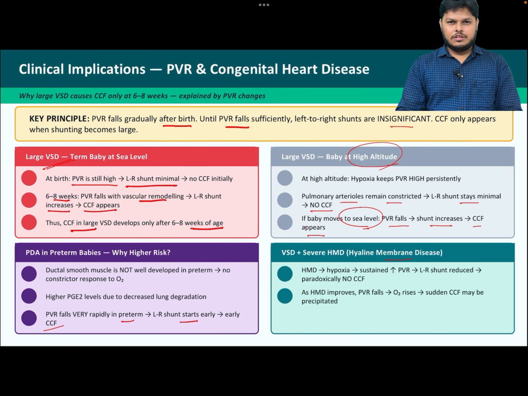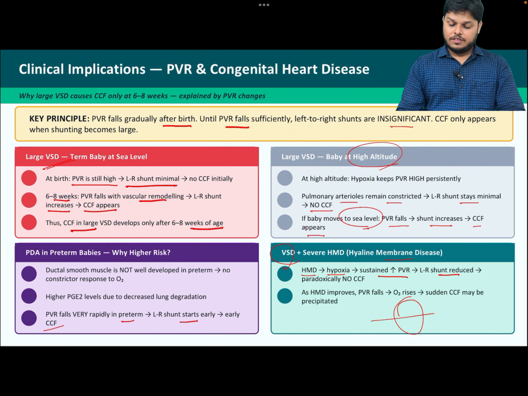Okay. Now there is hyaline membrane disease. Hyaline membrane disease is a disease of the fetal lung. The lung is not oxygenated properly. That means there is lesser oxygen, and the lesser oxygen causes pulmonary vasoconstriction. So even if there is a VSD, there is increased pulmonary vascular resistance, so the CCF will appear late. Now let's see. There is hyaline membrane disease, there is hypoxia, there is sustained increase in pulmonary vascular resistance. Left to right shunt is reduced.